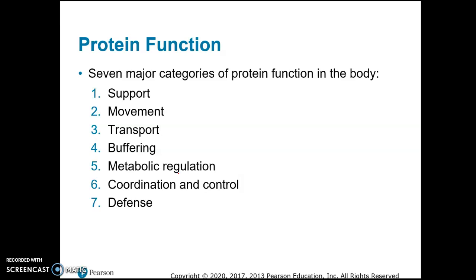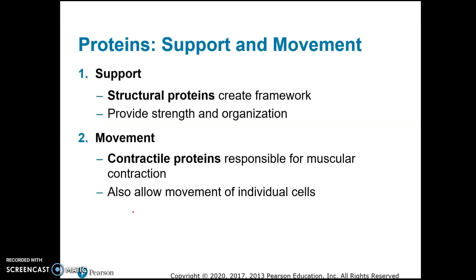And coordination and control: some of our hormones and neurotransmitters in the nervous system are protein-based. We do have hormones that are lipids, like steroid hormones, but we also have hormones such as insulin and growth hormone that are proteins. And proteins can function in defense. I'm sure you've heard of antibodies. These are proteins produced by our immune system. Those are just some examples of protein function.